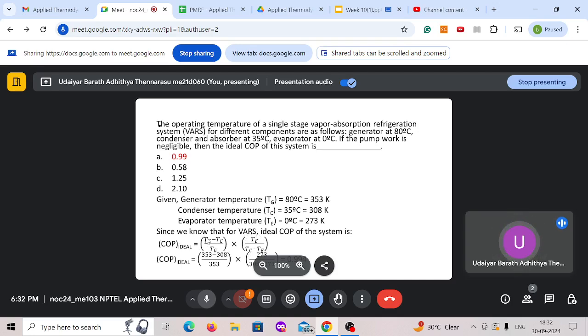Tg is your generator temperature, Tc is your absorber or the condenser temperature, both are the same, and Te is the evaporator temperature. Converting those into Kelvin and substituting, generator temperature is 353 Kelvin, condenser temperature is 308 Kelvin, evaporator temperature is 273 Kelvin. Substituting in this expression, you will get COP as 0.994.